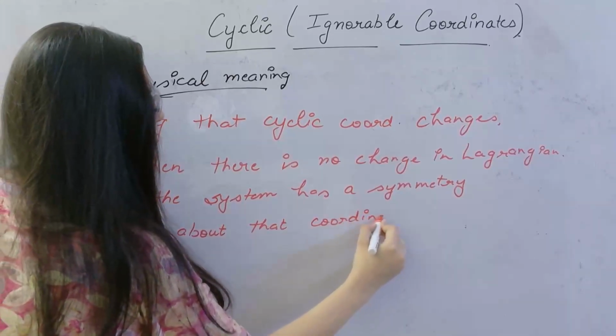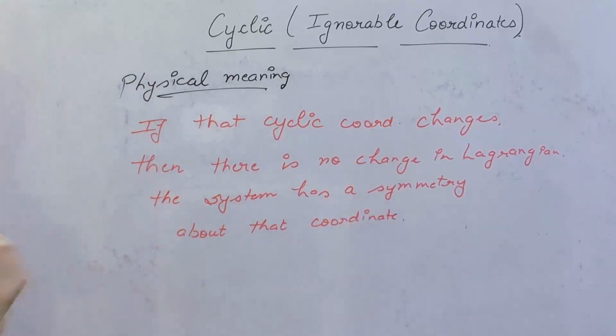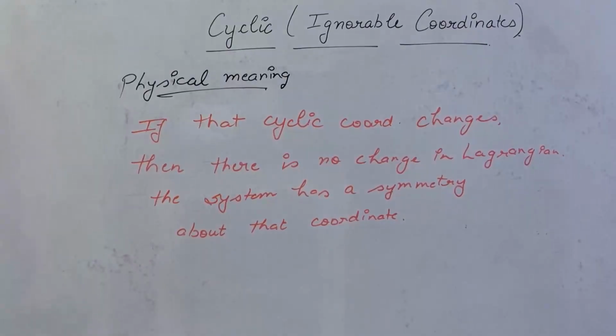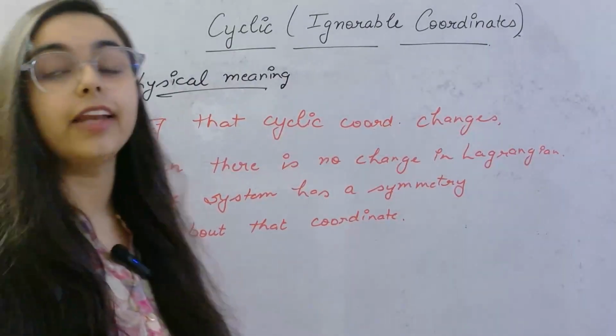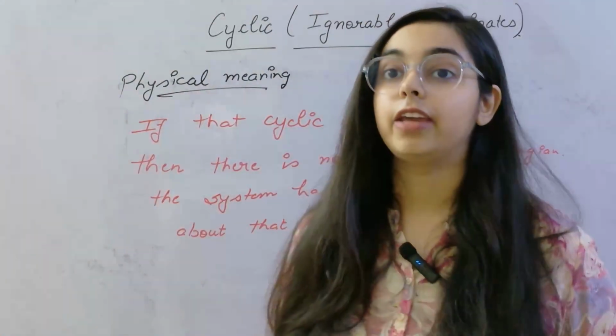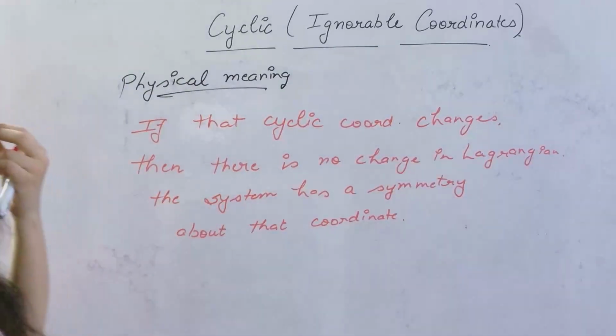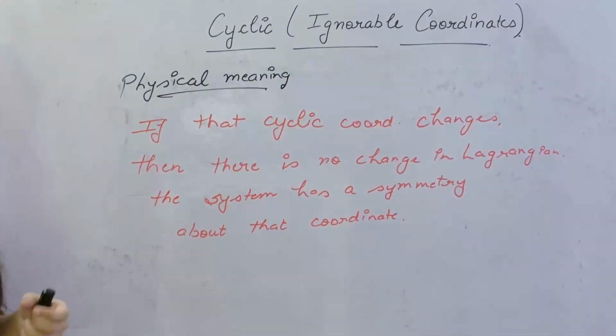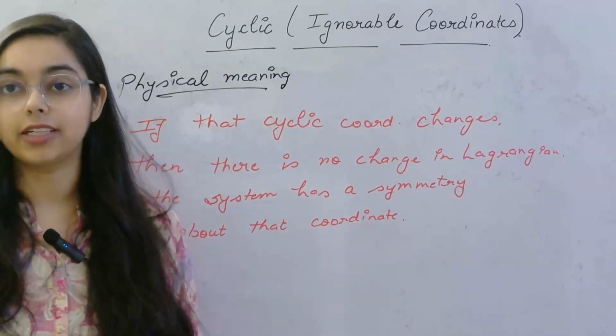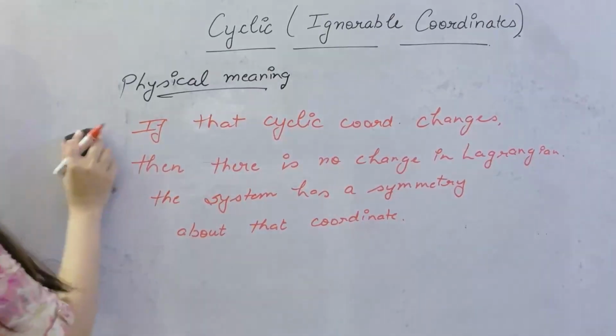And what kind of symmetry? What we can have here is translational symmetry, rotational symmetry, or time translational symmetry. Okay. And when we have these kinds of symmetry, what particular quantity will remain constant?